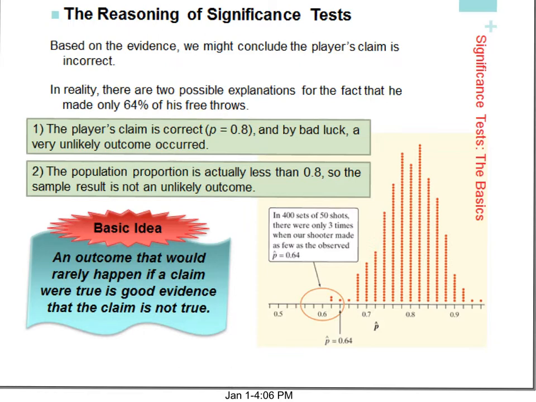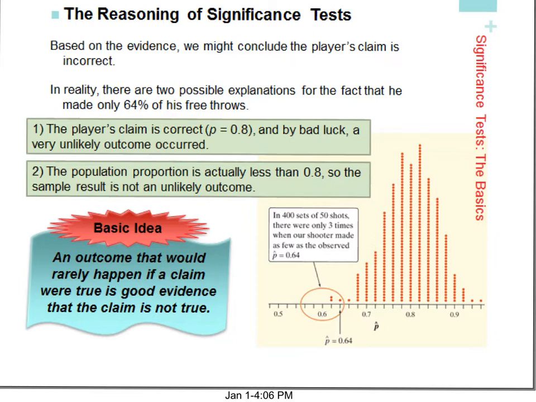Notice that basic idea down there is a big one. If we're trying to reject the claim, and that's the approach that we take, could we find evidence to reject their claim? An outcome that would rarely happen if the claim were true is good evidence that the claim isn't true.